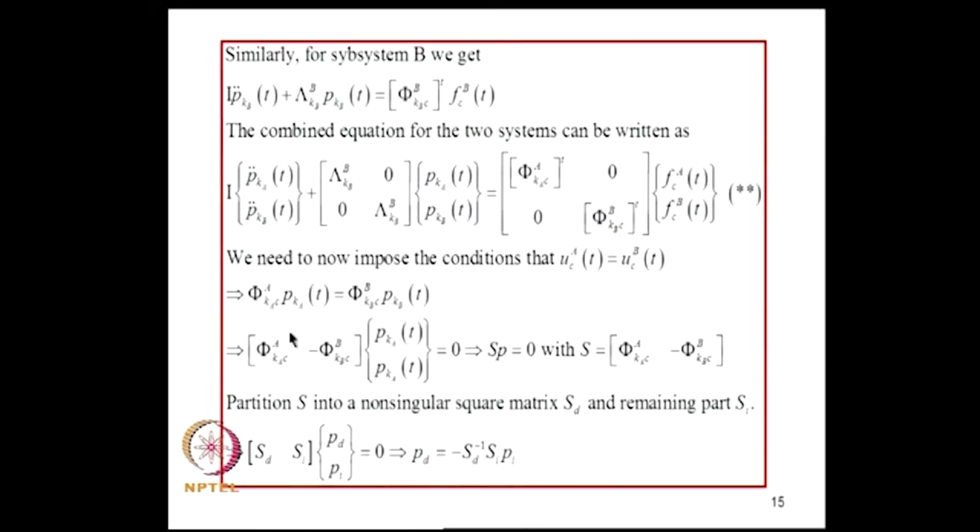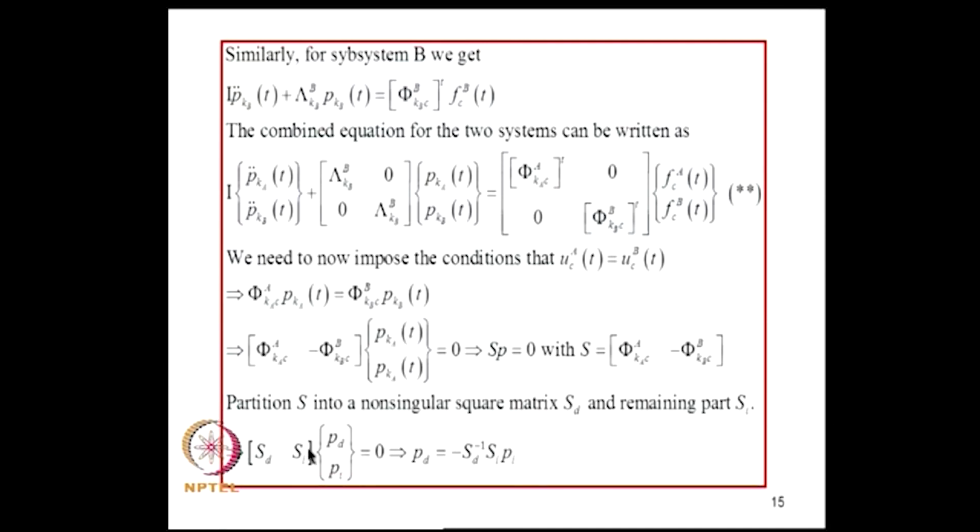So, UCA of t is given by this in terms of generalized degrees of freedom, pKa of t and the modal matrix. So, these should be equal. So, this produces a constraint equation as shown here, SP equal to 0, where S is the modal matrix corresponding to the coupling degrees of freedom for subsystem A and similar entity for subsystem B.